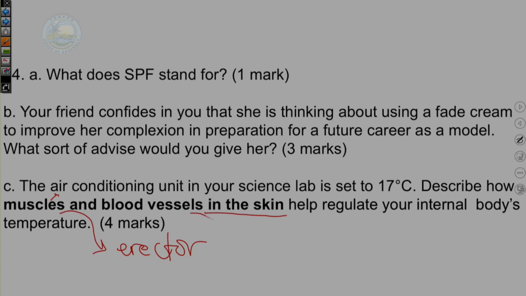And we know that the blood vessels are going to vasoconstrict to keep the heat within the blood vessels towards your core and keep your internal body temperature close to your normal range. So explain yourself properly with both of them, the muscles and the blood vessels, and you will get your full 4 marks.